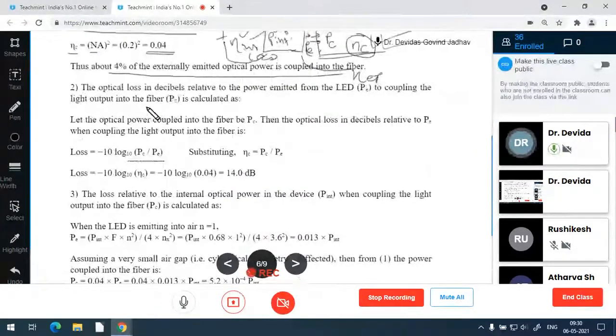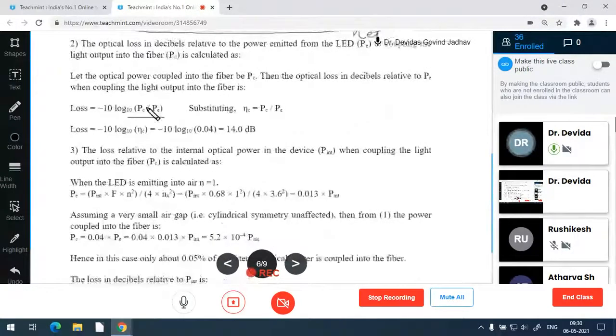Next, the optical loss in decibels relative to the power emitted from the LED. Suppose this is the LED. How much is the emitted power, P, and how much is the coupled power, PC? What is the loss? PC upon P, that we have to calculate.